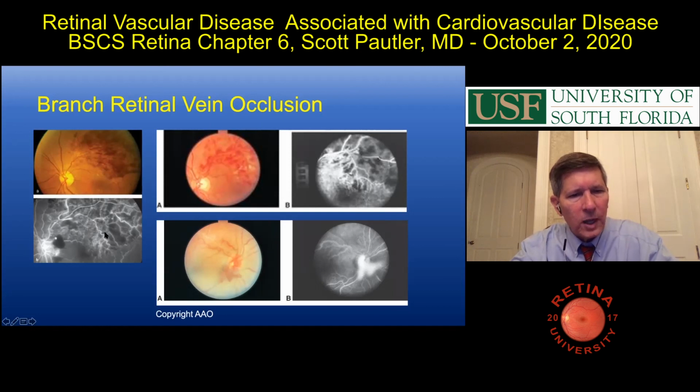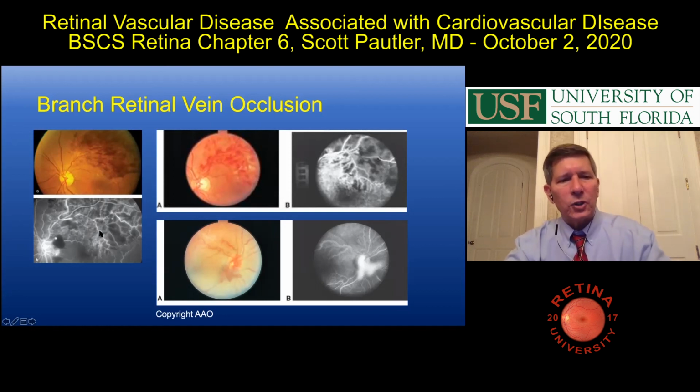The hemorrhage is blocked, and acutely it can be difficult to determine the degree of capillary dropout in a vein occlusion. And this side over here, you have a similar quadrantic area of retinal hemorrhages. You have some cotton wool patches, and on the fluorescein angiogram, it looks somewhat more convincing of capillary dropout. So you're going to be more on the lookout of neovascular complications.